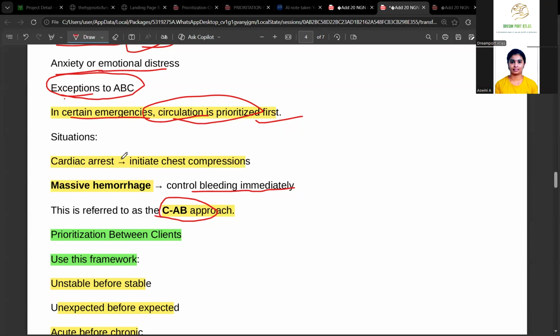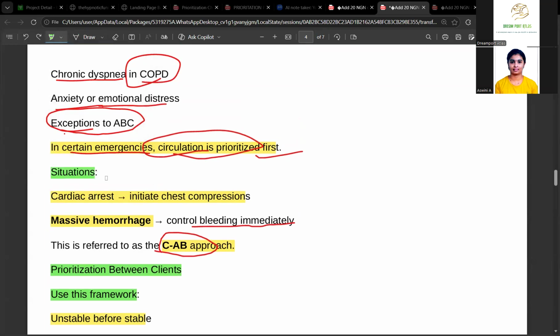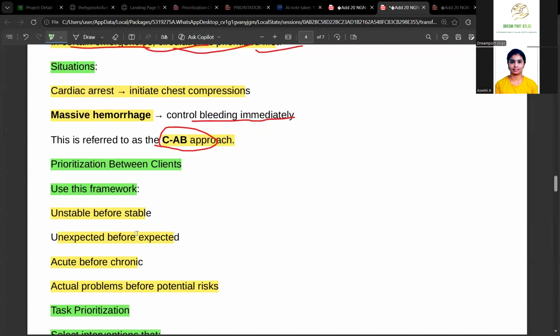So the situations where circulation is the highest priority are cardiac arrest and massive hemorrhage.